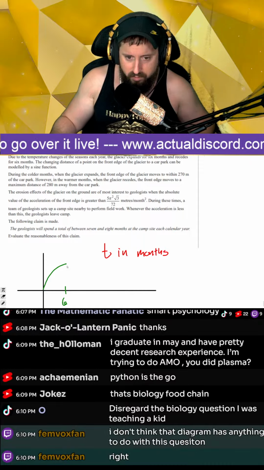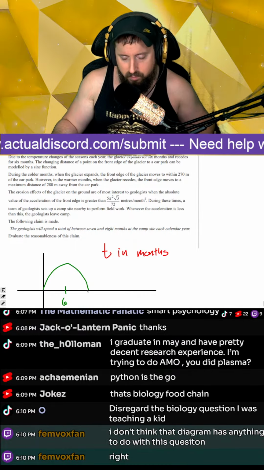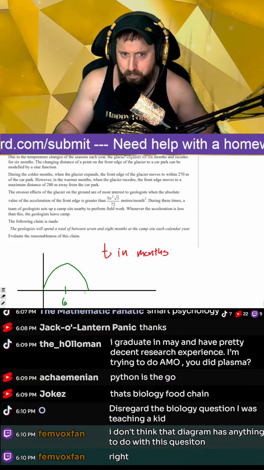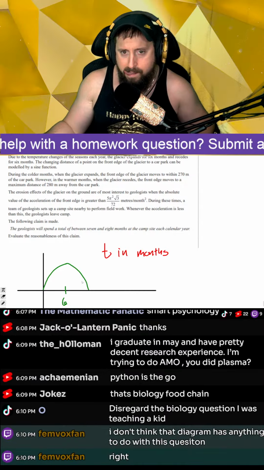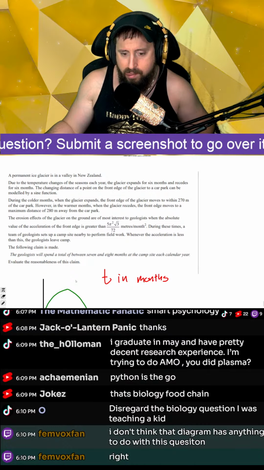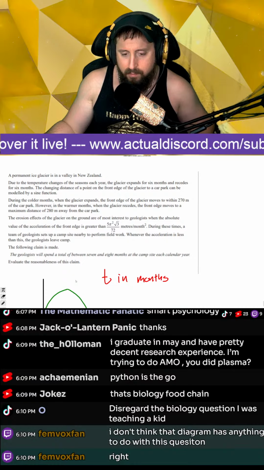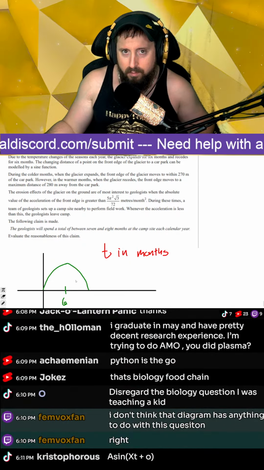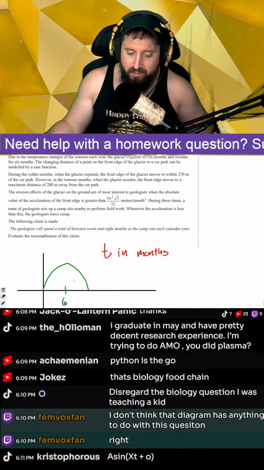So this would be 6 months. And then it recedes for 6 months. Oh, wait, but then it expands again, right? Yeah, but then is it negative?